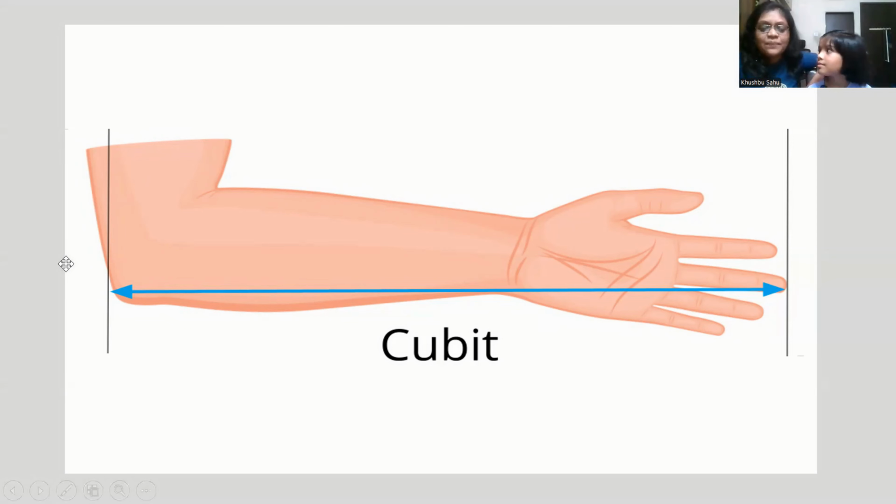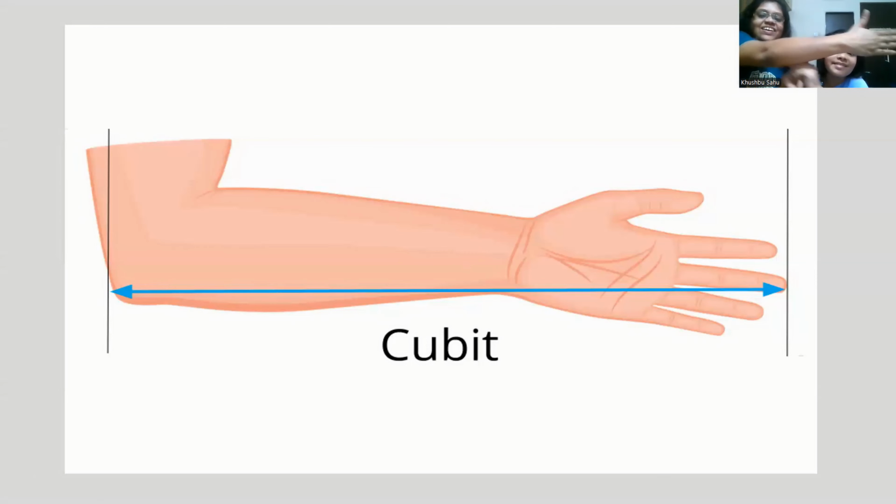As you can see in the picture, this is 1 cubit. It is also a non-standard unit because the length of a cubit is different for different persons. See, for me, 1 cubit is this much. But for Advika, it is less.